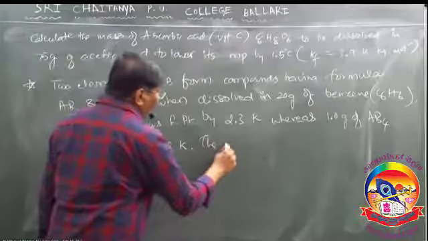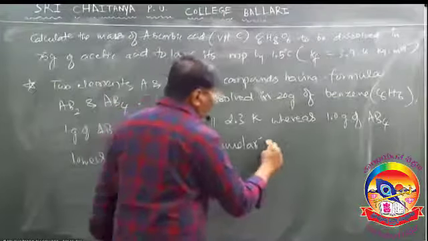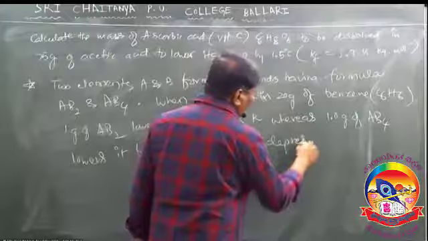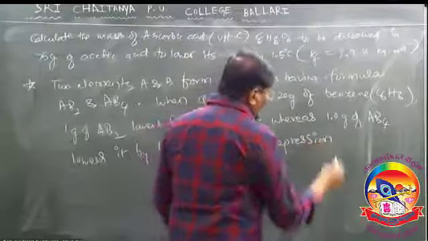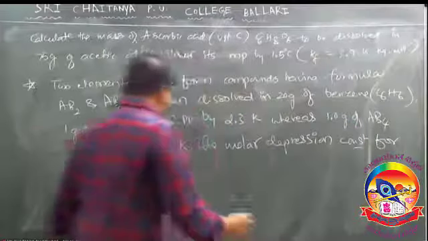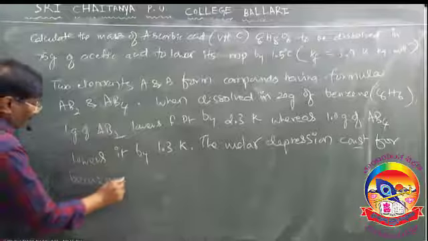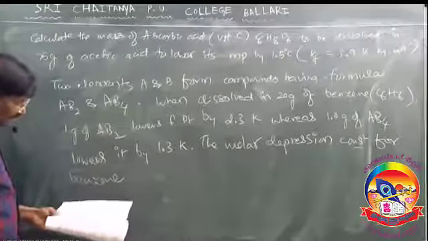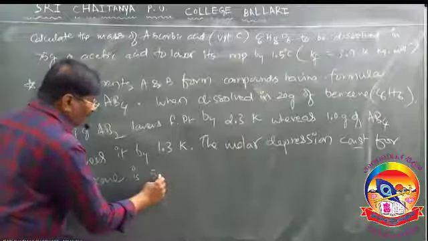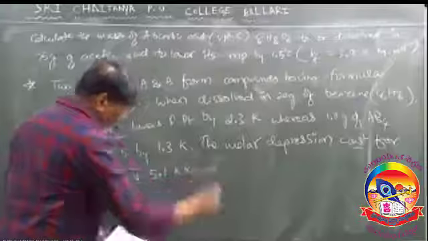The molar depression constant for benzene is 5.1 kg per mole.